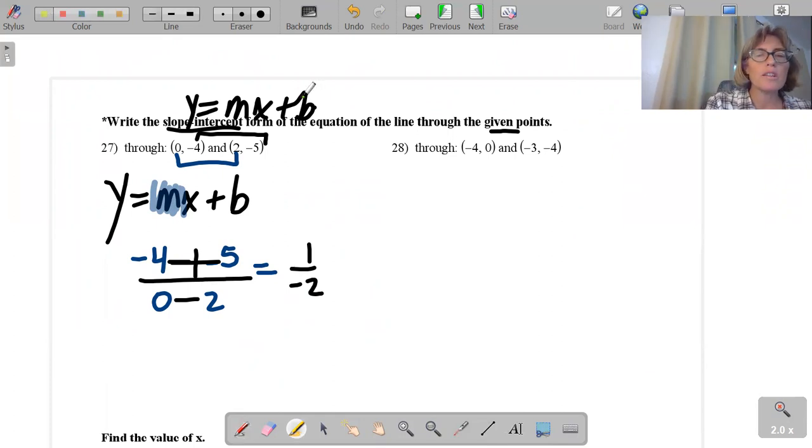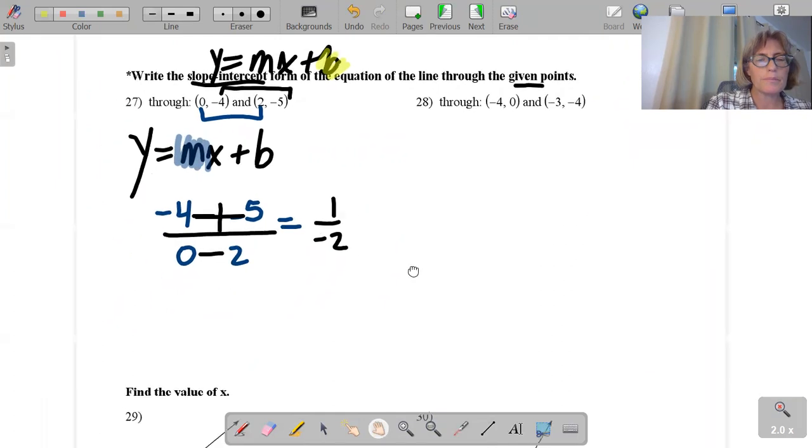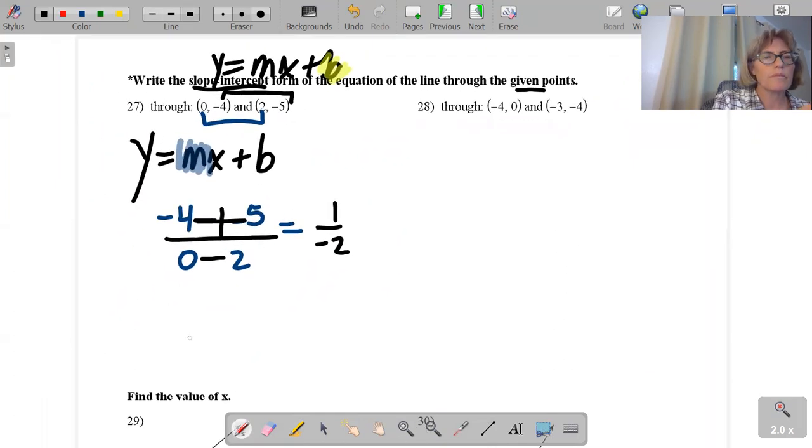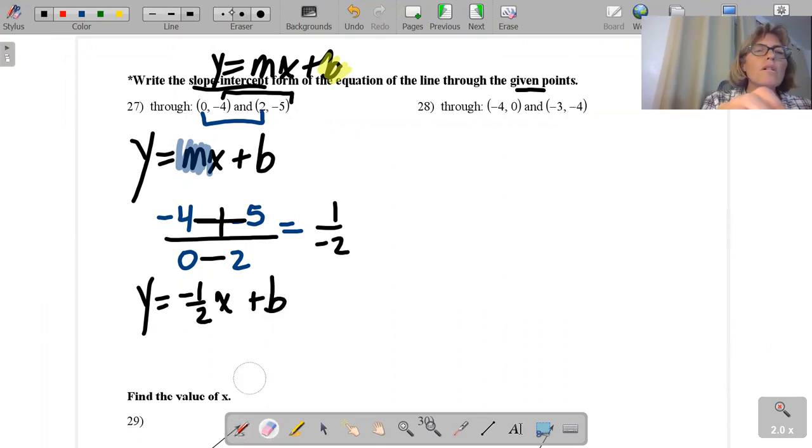Now what we need is our b. So y equals negative 1/2 x plus b. I need to solve for the b, so I'm going to replace this x and this y with one of the 2 points, and I'm going to use the one with the 0 because it makes it a little bit easier.